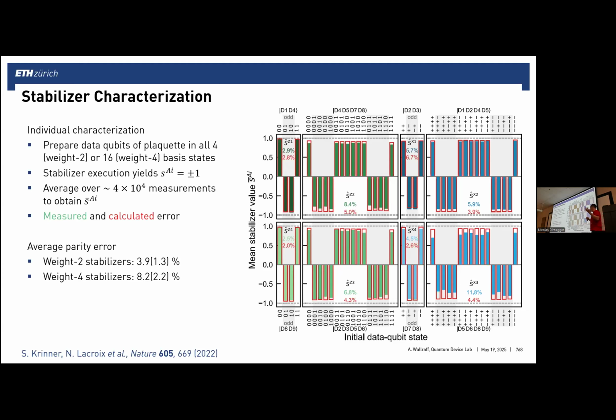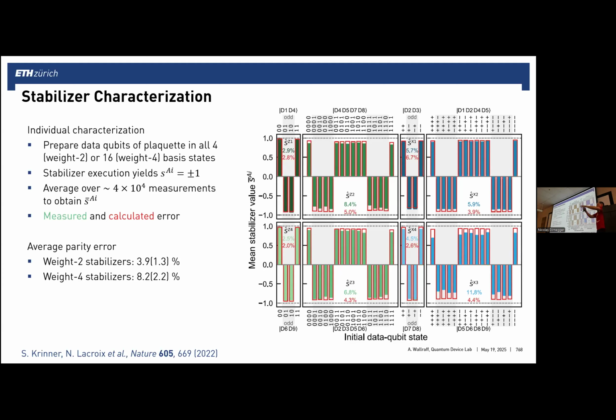The errors accumulate, but despite that, in the surface code you can suppress the logical error if your physical errors are small enough. And maybe for clarity, in this particular device, the physical errors were near the threshold, but not below the threshold.